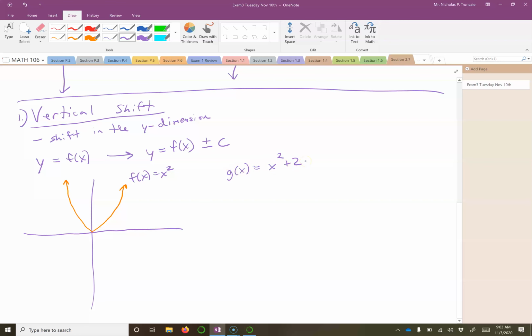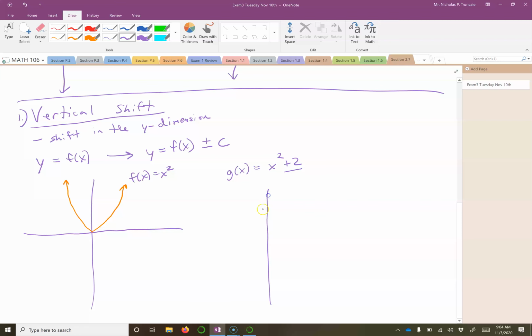Okay, so this is going to be a vertical shift. Now, what's nice about this is if the vertical shift is plus 2, positive, then the entire function just goes upwards, so a vertical shift by 2 units.